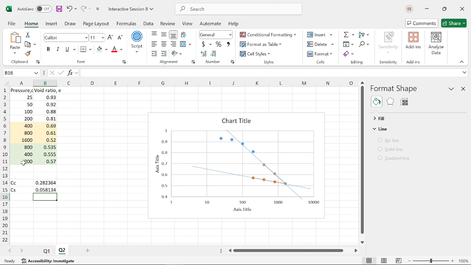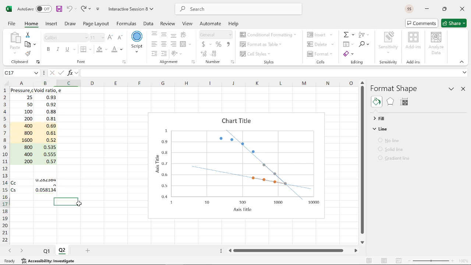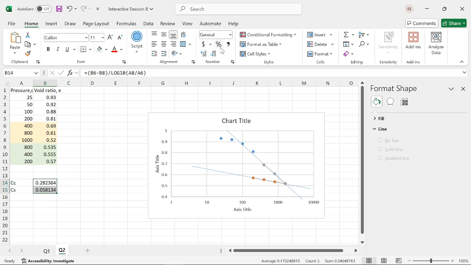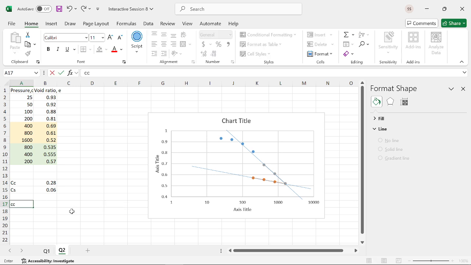So it will be about 0.05, approximate, almost 0.06 and 0.28, and the ratio Cs over Cc actually.